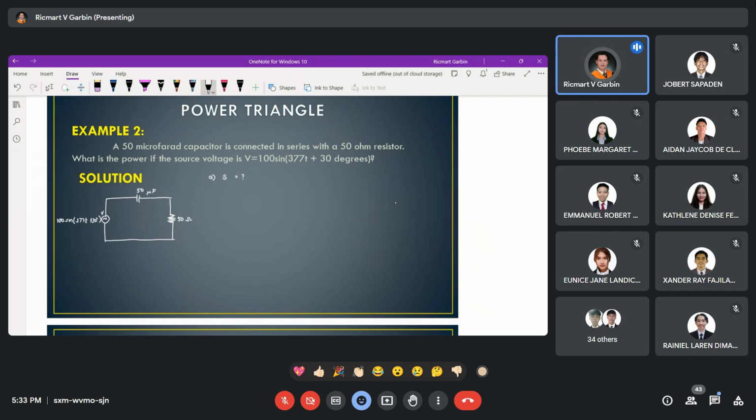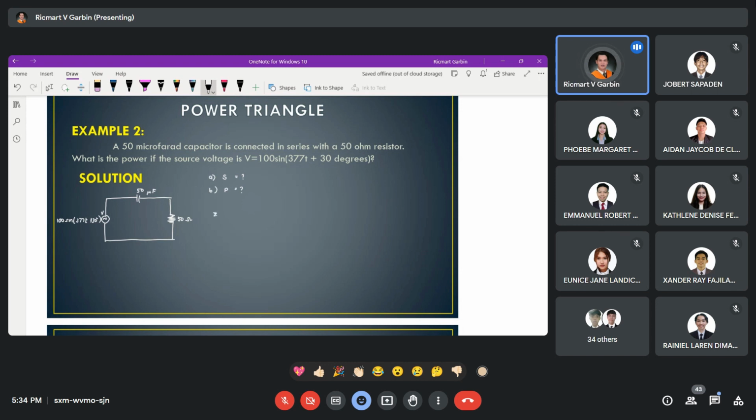Pero pag ang pinag-uusapan naman natin is yung power, which is yung P, so sabi nga, ang real power ay matatagpuan lamang yon dun sa ating resistor. Yan, so sa resistor lang yon. So, simulan muna natin dun sa ating pag-compute. But before we compute, kailangan muna natin makuha yung impedance natin.